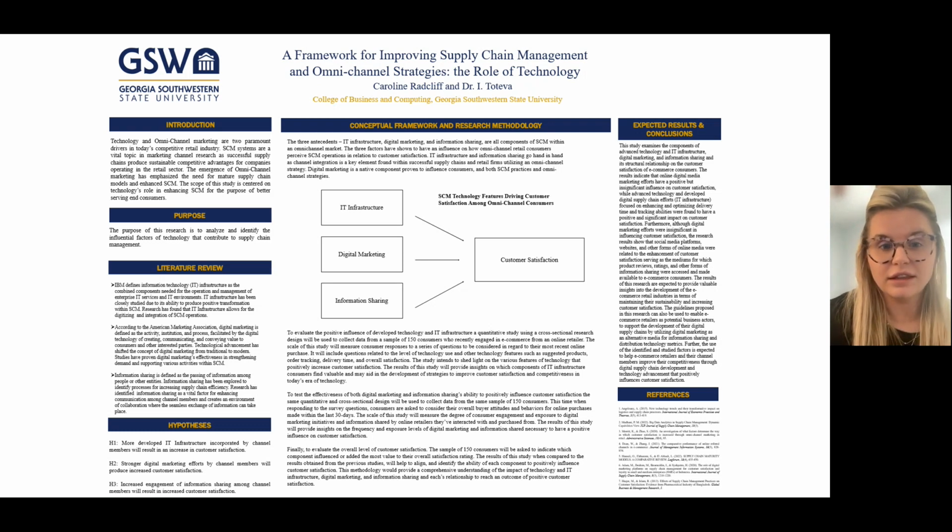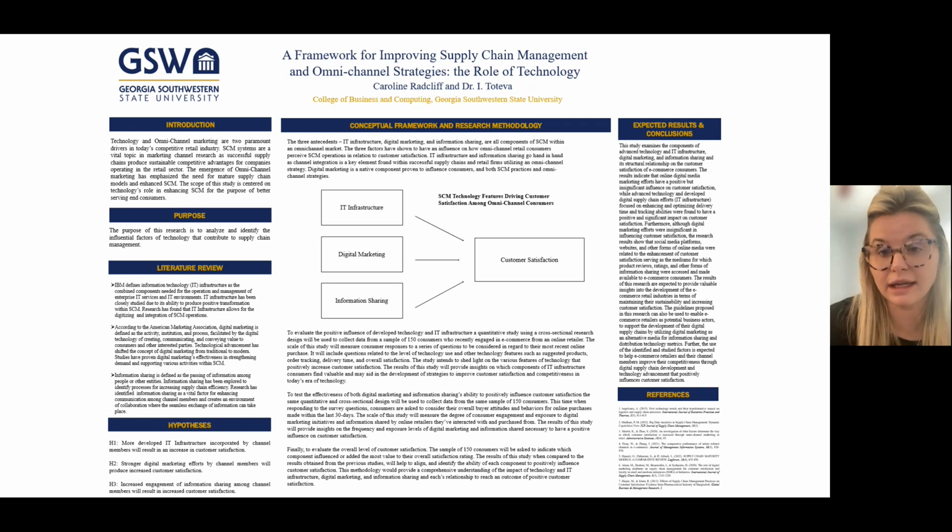The way that I tested my framework was using a quantitative cross-sectional design. A group of 150 consumers were asked to answer a series of survey questions based on a scenario for IT infrastructure.